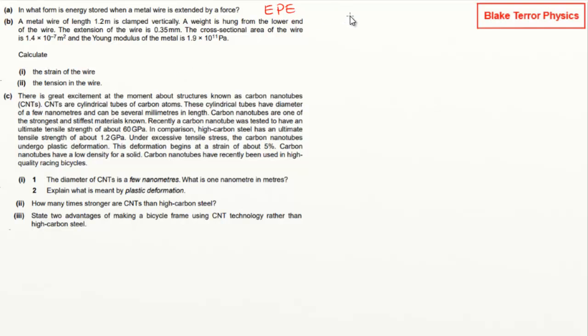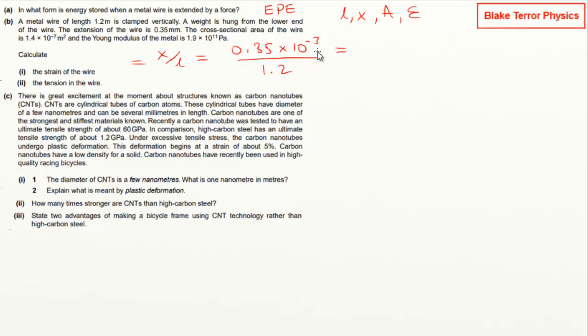Calculate the strain. So the strain, what have we got in all of this? They've given us L and X and A and Young's modulus. So strain is extension over length, which is 0.35 times 10 to the minus 3 divided by 1.2.